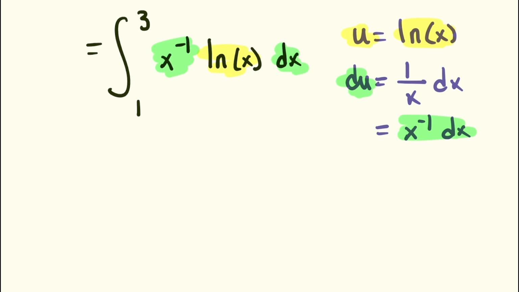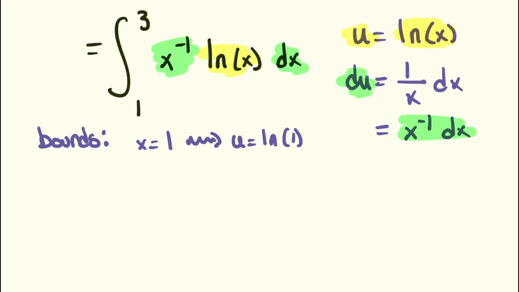Last thing that we want to do is our bounds. In this case, we don't want to necessarily go back. So our old lower bound was 1, which means our new lower bound is natural log of 1. And as we said before, natural log of 1 is 0, so we can punch that in.